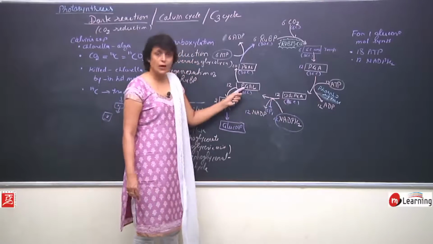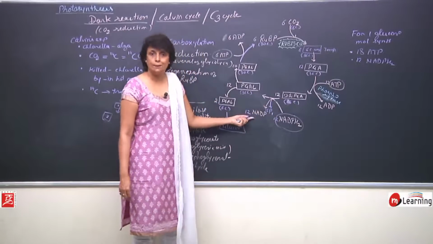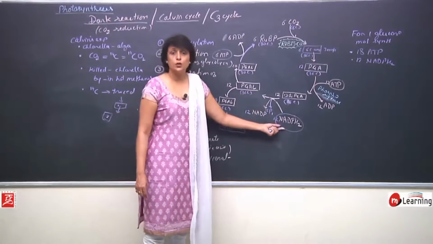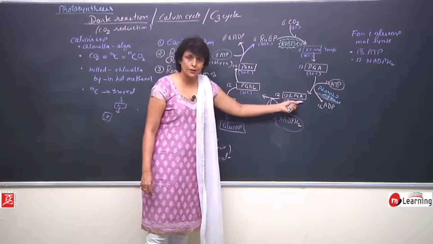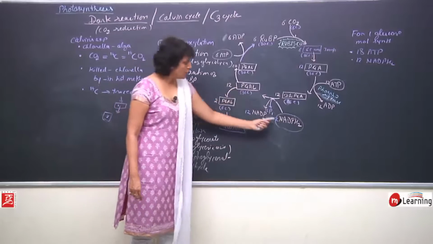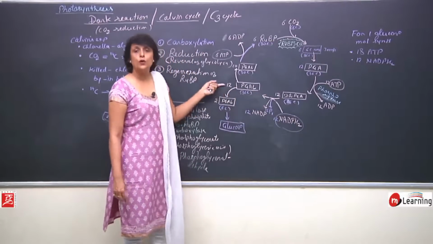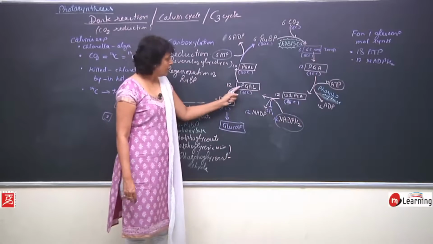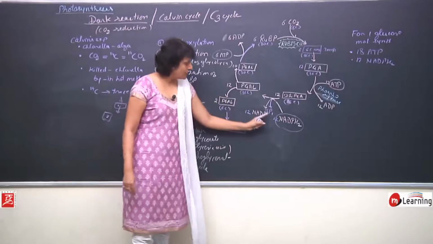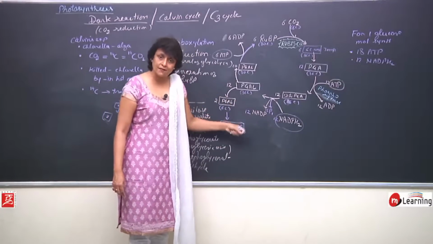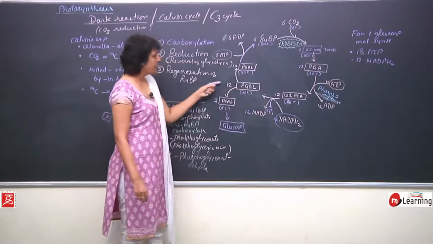It gets reduced into aldehyde and NADPH2 gets oxidized into NADP. So this reducing power is utilized. 12 molecules of 1,3-diphosphoglyceric acid get reduced, so 12 reducing agents are required, and we get phosphoglyceraldehyde. Phosphoglyceraldehyde is a one phosphorus containing compound, and that is why 12 inorganic phosphates are given out, because it is a diphosphate and this is a single phosphate one.